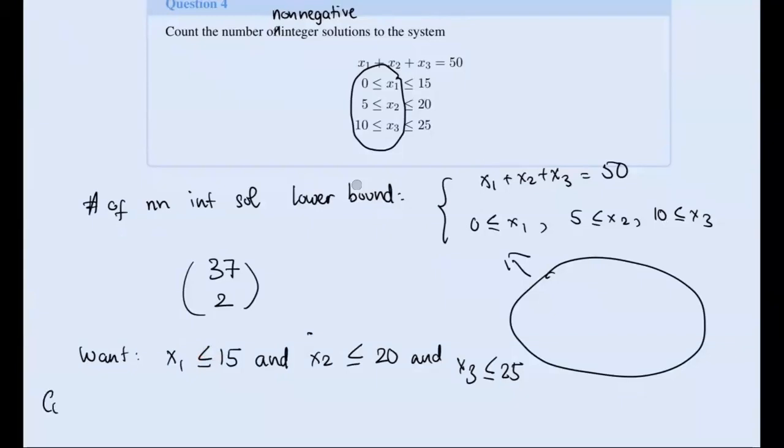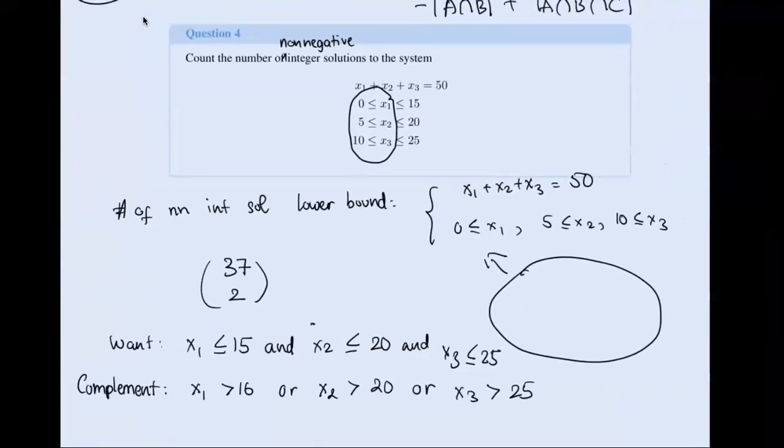So we will have to look at the complement. The complement of what we want is that x1 is greater than 15, right? Because the opposite of less than or equal is greater than. The negation of 'and' is 'or'. So x1 is greater than 15, or x2 is greater than 20, or x3 is greater than 25.